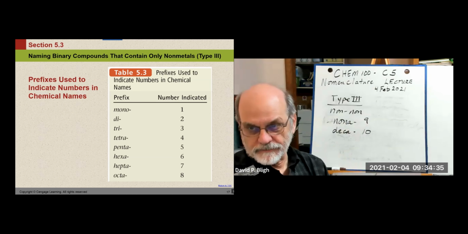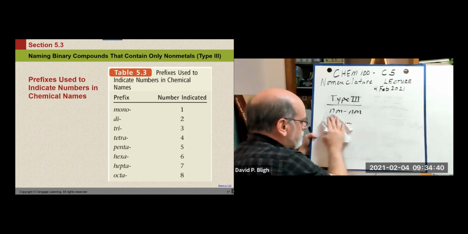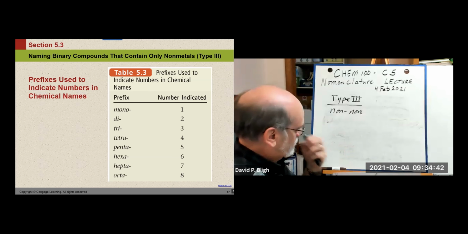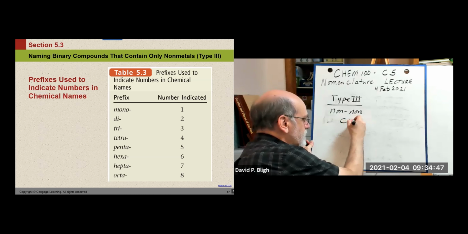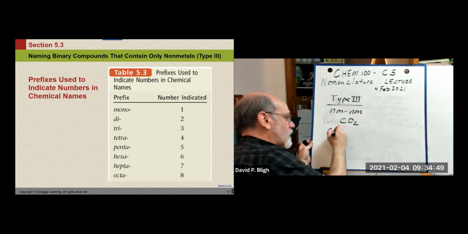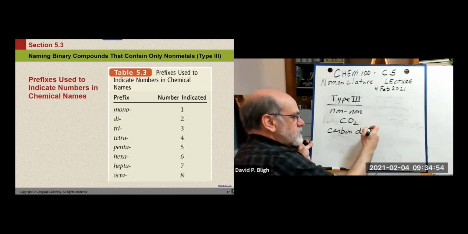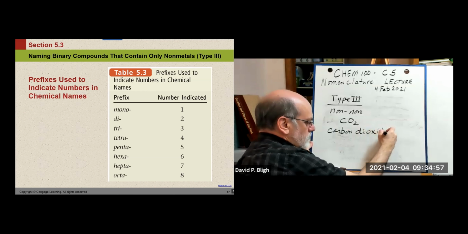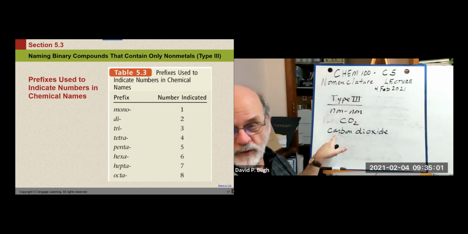So how do we use them? Well, let's take carbon dioxide. We know that this is the way the compound is written. CO2. So we say carbon, di for 2, oxide. Okay. Notice that for the cation, well, the lookalike, the first one in the name, if there's only one of them, we don't say mono.